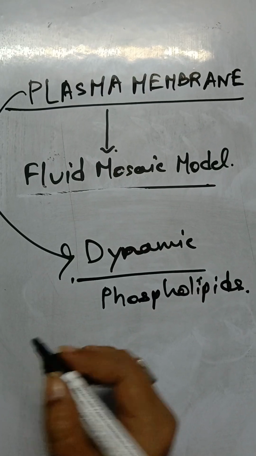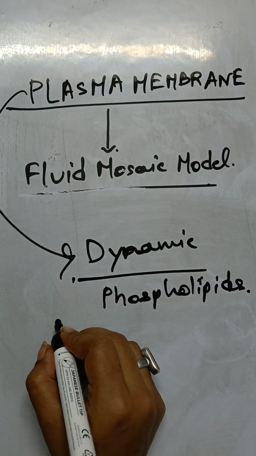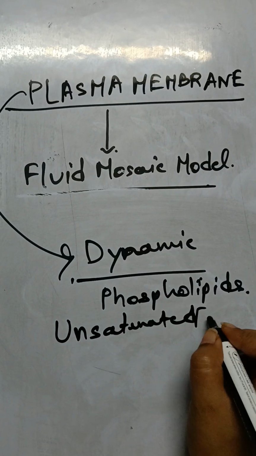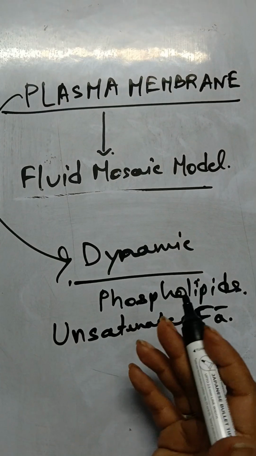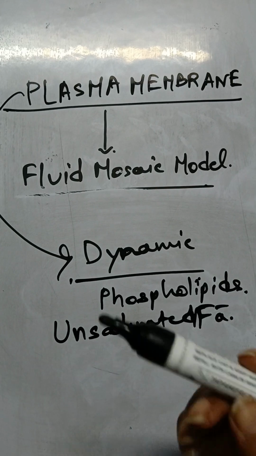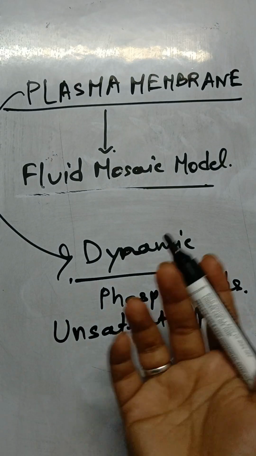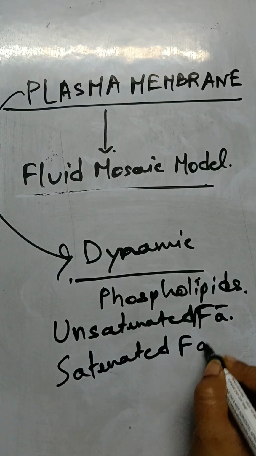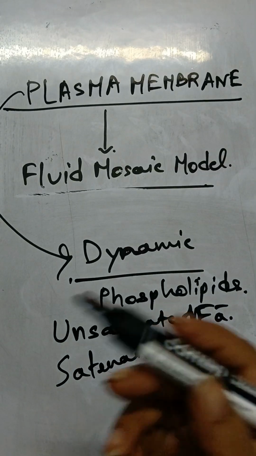Those bacteria which grow at a very low temperature have much more unsaturated fatty acid. Unsaturated fatty acids means the carbon atoms are attached to each other with the help of one or more double covalent bonds. And those bacteria which grow at a very high temperature have saturated fatty acid, meaning their carbon atoms are attached with the help of single covalent bonds.